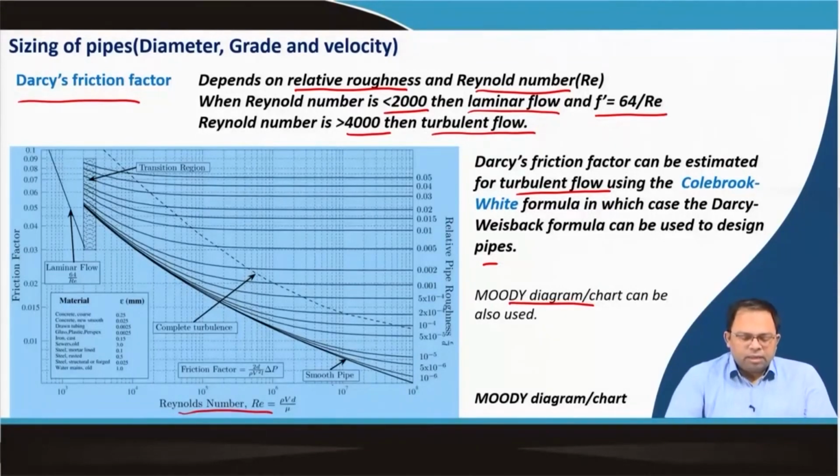Reynolds number is on the x axis, friction factor is on the y axis, and on this side you can also see the relative pipe roughness. For different levels of roughness, these lines go like that. For a certain Reynolds number, you can get a particular friction factor. So we can directly use the Moody diagram, or we can use the Colebrook-White formula to calculate.